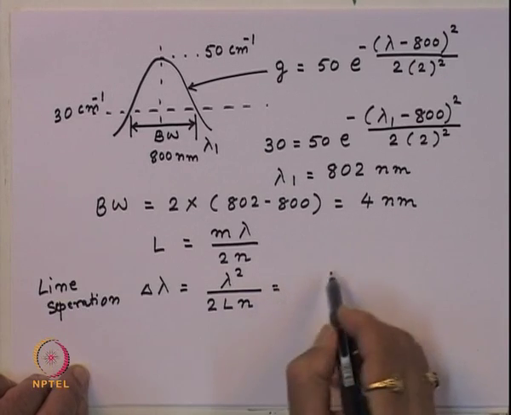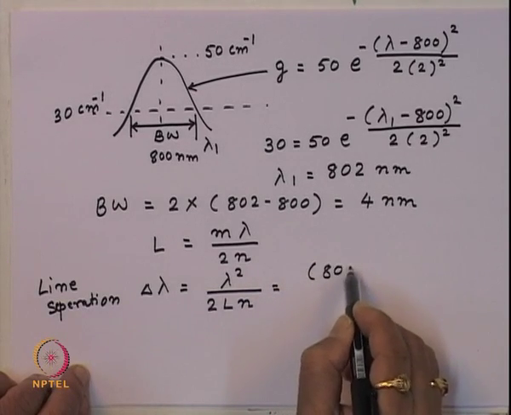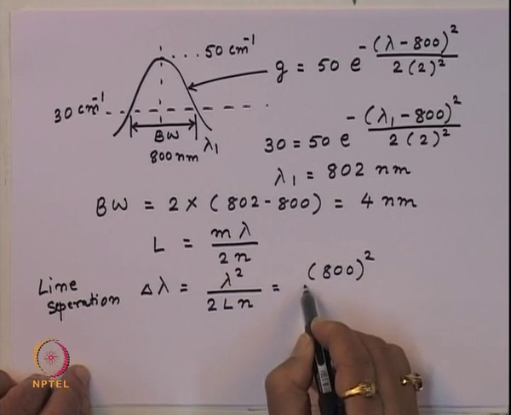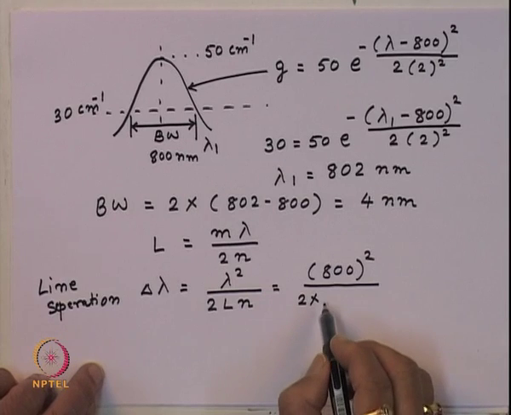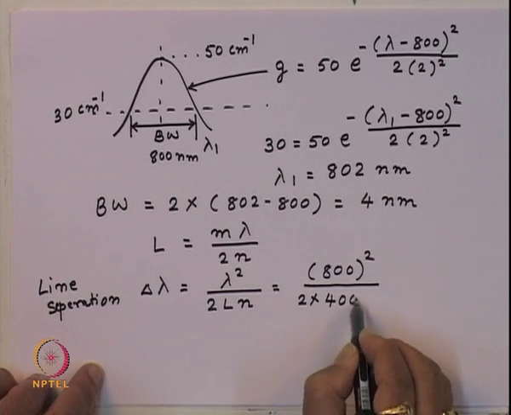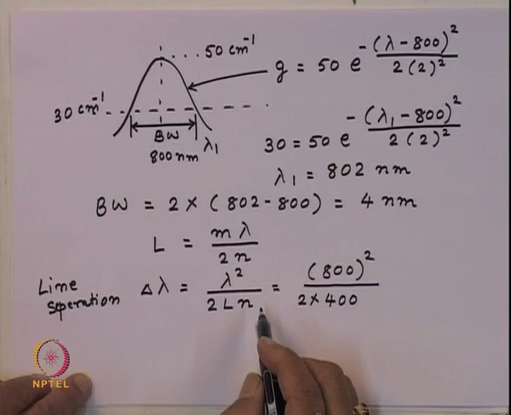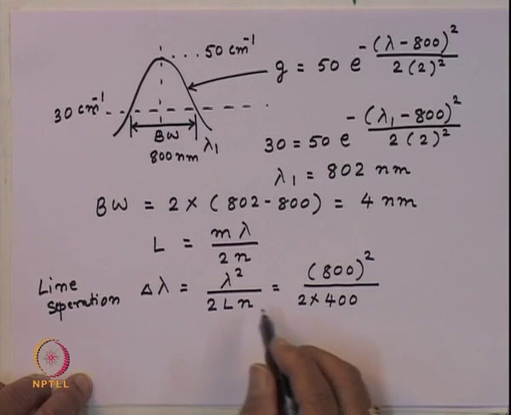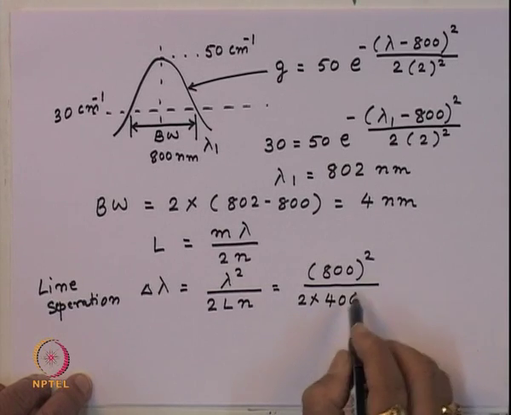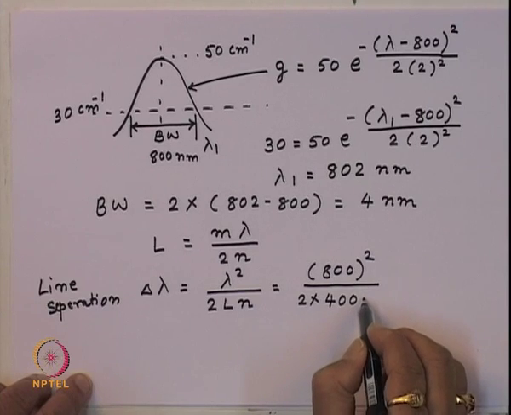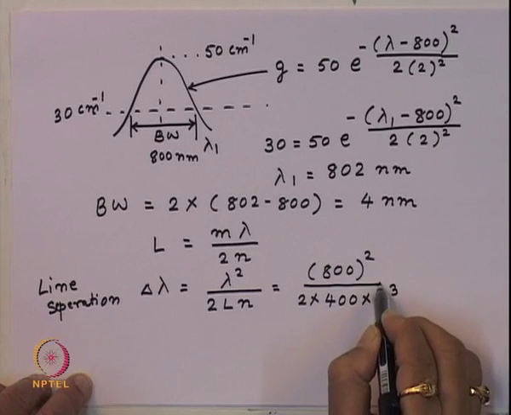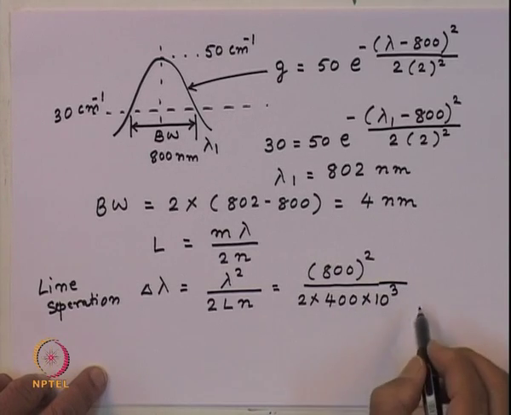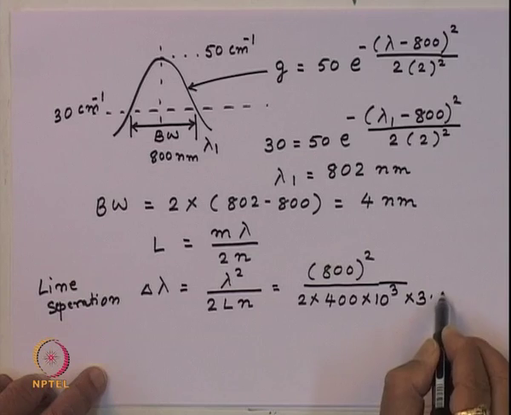So, we can substitute the parameters. This is an 800 nanometer laser. The length of the cavity is given as 400 micrometer. So, this is 10 to the power 3 into 3.6.